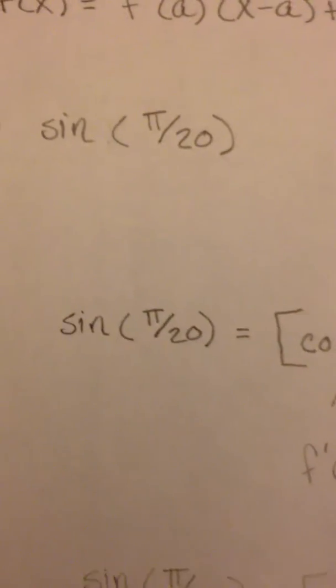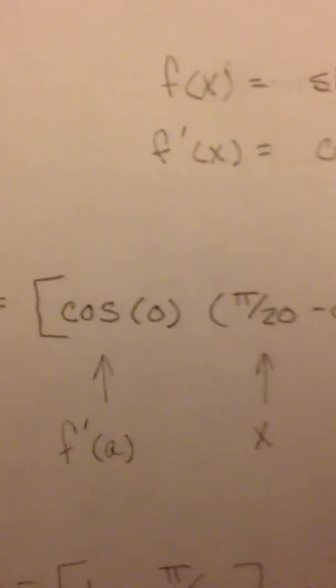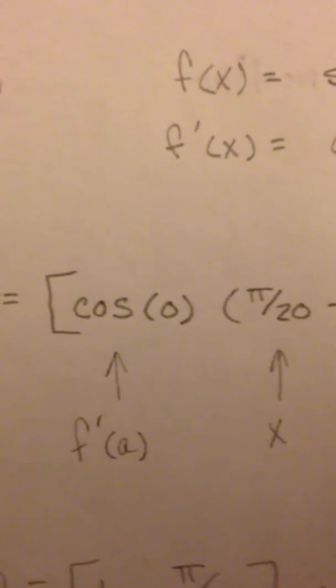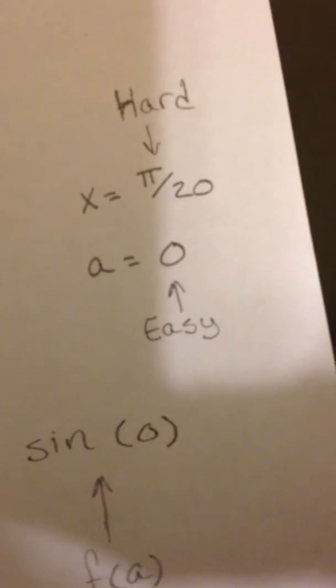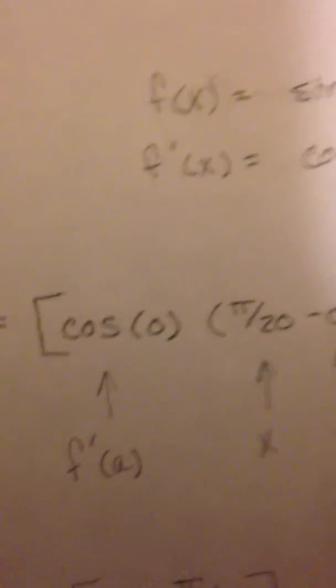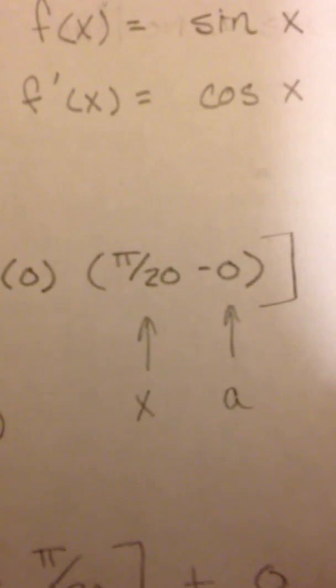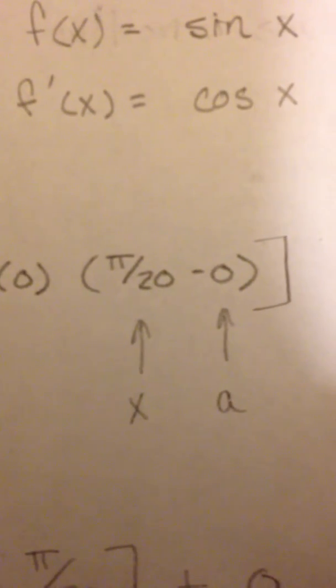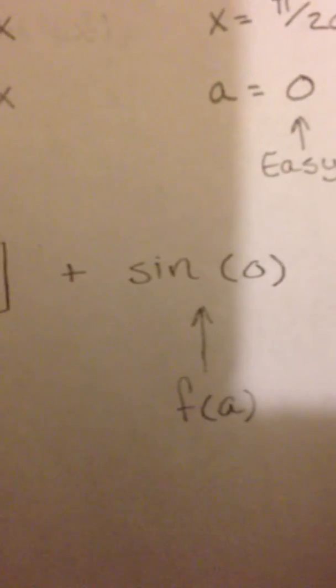So going through, we have sine of pi over 20 is equal to f'(a), which is cosine as far as the derivative, and a is 0. So we have cosine of 0 times pi over 20, which was our x, minus 0, which was our a, plus the sine of 0, which is our f(a).